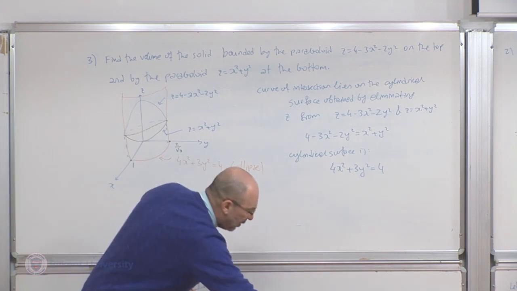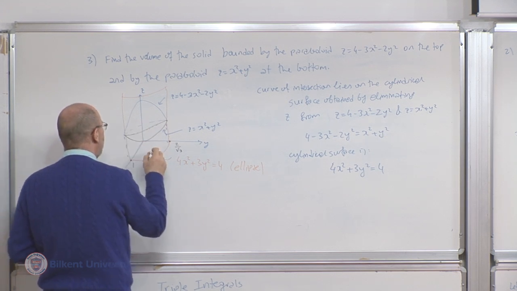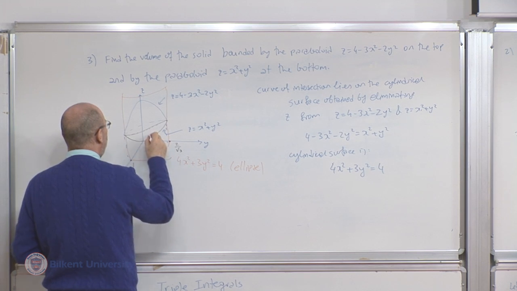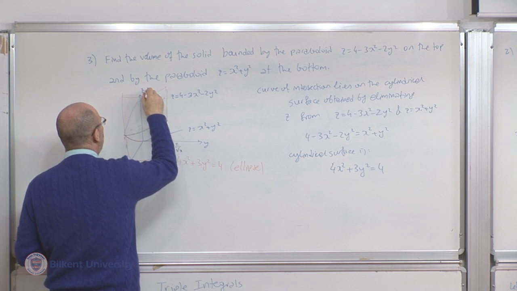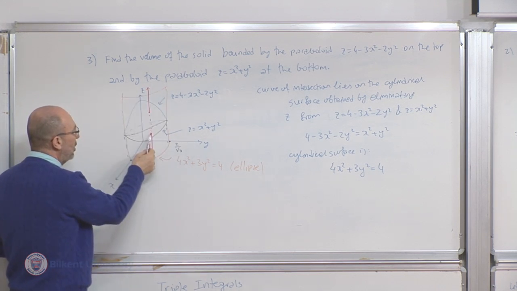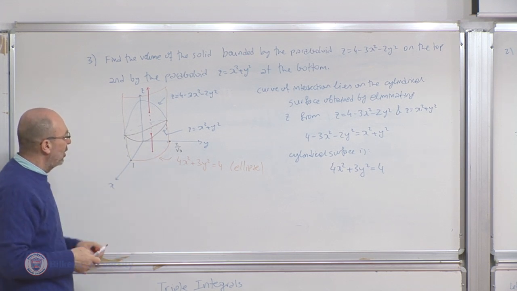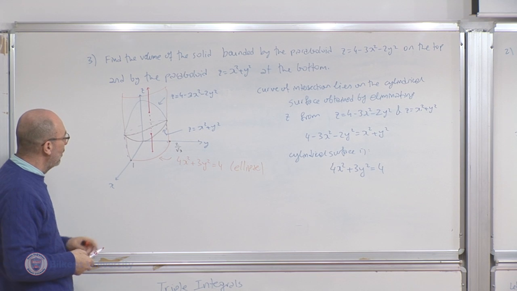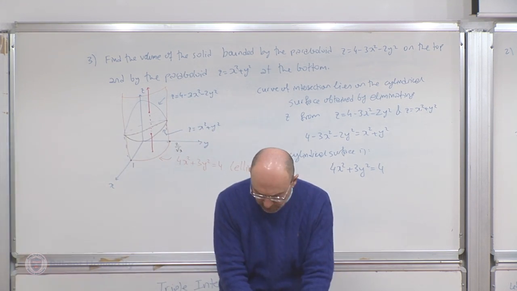In that case, an arrow from here enters the region here, is inside the region, and then goes out. So I know the description for these points, and I can explicitly write the limits of integration inside this region. So let's see what I did here.